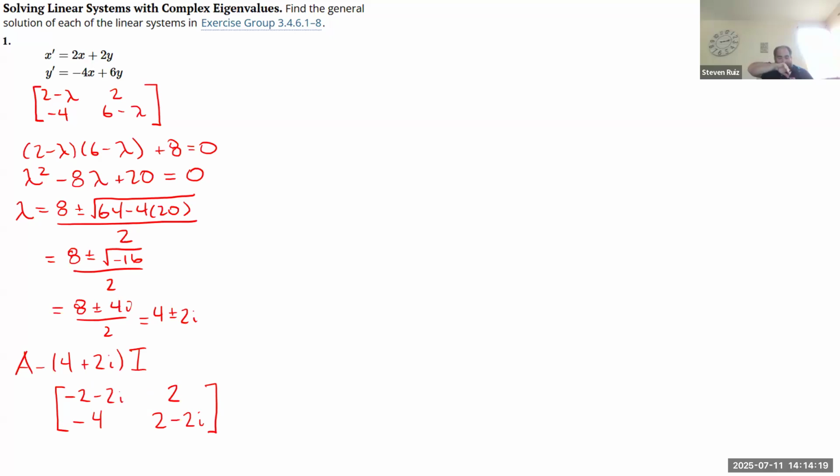As I said in the previous section, when you find your eigenvalue and make this matrix A minus lambda I with the specific lambda you found, more often than not it's not obvious that what I have here is a linearly dependent matrix. So to confirm, I'm going to take the determinant: (minus 2 minus 2i) times (2 minus 2i) plus 8. And hopefully that equals 0.